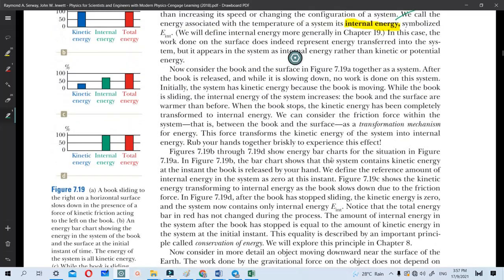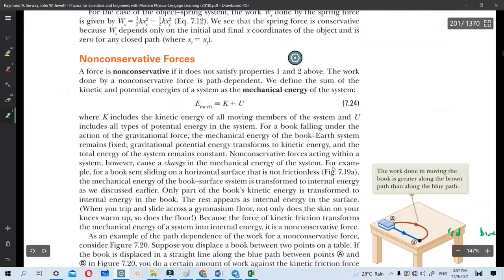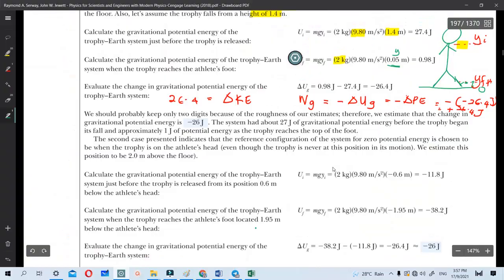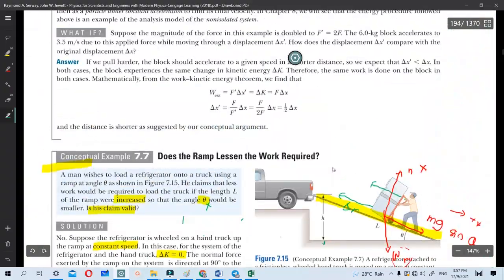Okay, this is it. Alright, I am not happy with the given example here. Let's go back to one example you have seen earlier. Turn to page 164, the conceptual 7.7.